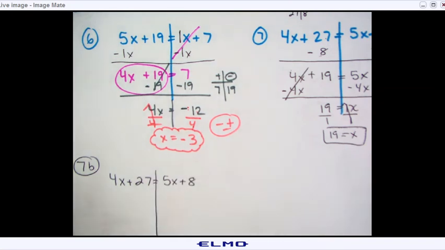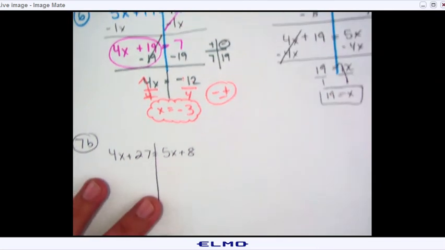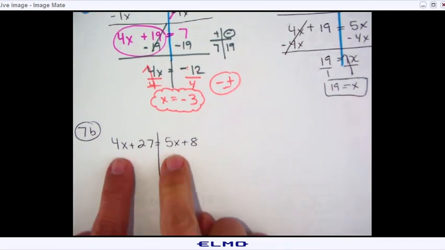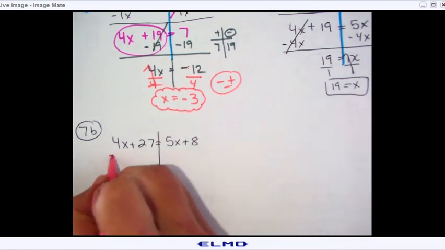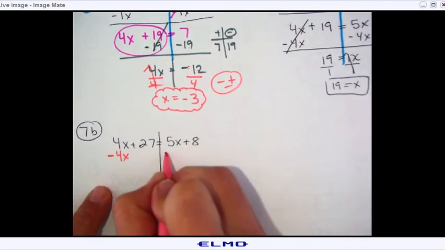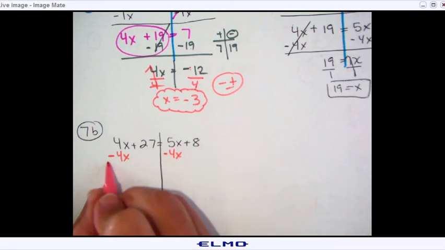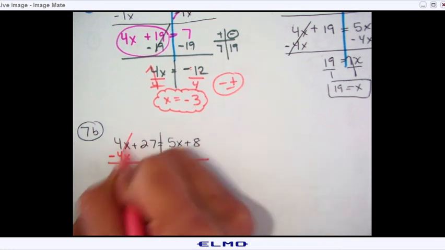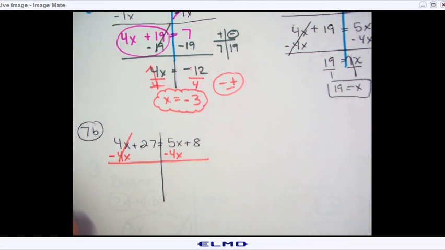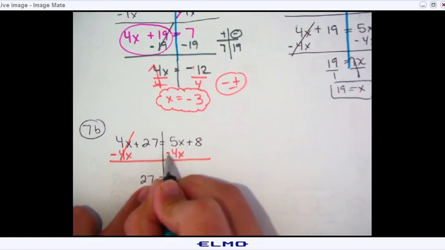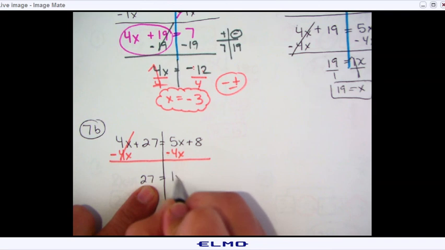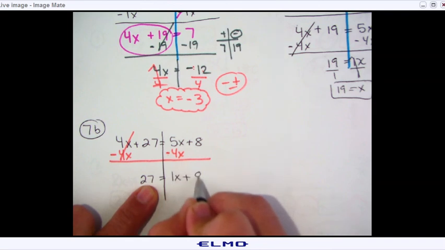So now, like I told you, I like getting rid of the x's first. So the smallest one is 4x. So I'm going to get rid of the 4x by adding a negative 4x to both sides. That makes it a 0. So now I get what? 27 equals 5x minus 4x is 1x plus 8.